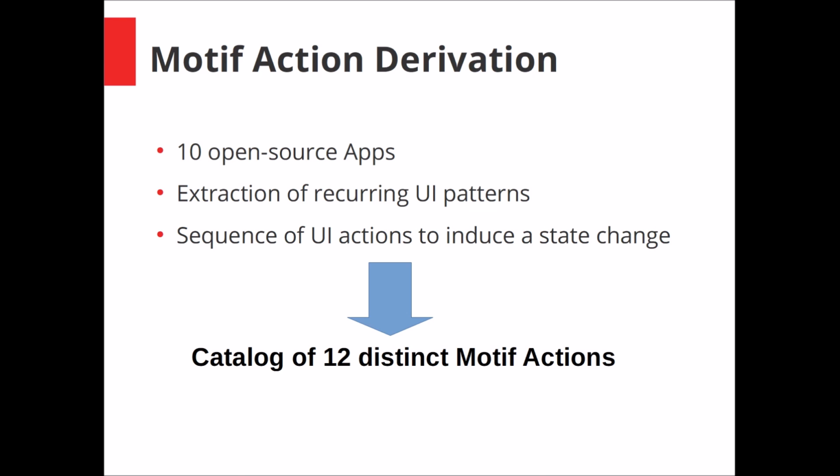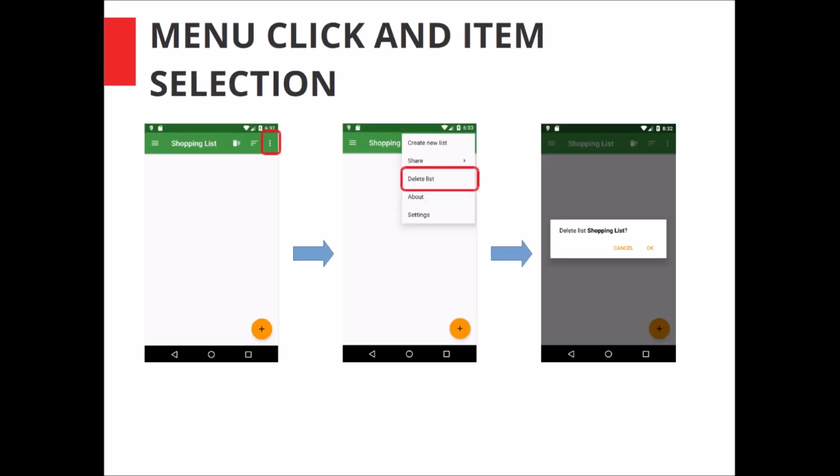We have already seen one such Motif action, that is, filling out a form and clicking on the Submit button, and now we will consider two further such Motif actions. A very useful Motif action is called menu click and item selection.